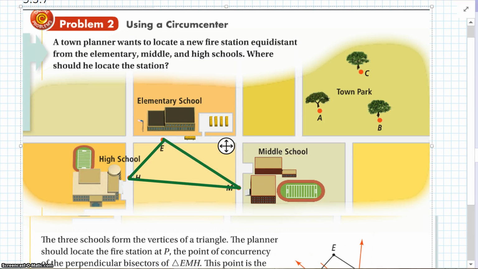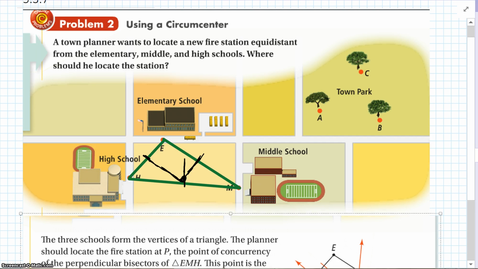Now I'm just going to freehand this, but we would find the midpoint of each side, and we would go perpendicular. So just a quick sketch, that's probably close to being perpendicular. That's probably close to being perpendicular. And that's close to being perpendicular. So it's close to being a right triangle. So somewhere in that point right there is going to be the circumcenter.